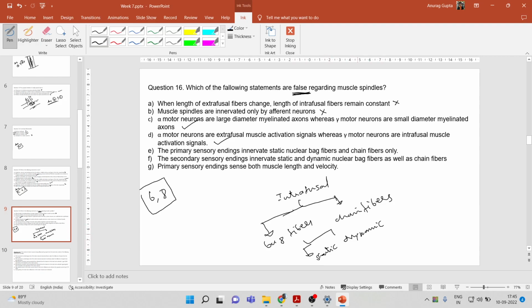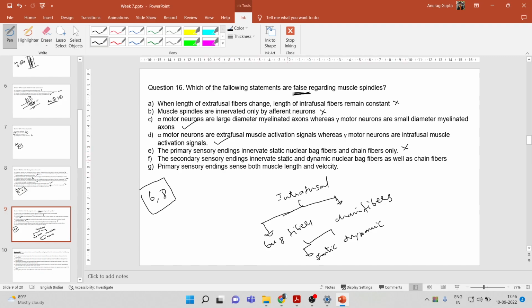The static bag fibers, the dynamic bag fibers, and the chain fibers are all innervated by the 1A afferents, which have the primary sensory endings, and the secondary sensory endings, that is the afferents of type 2, innervate only the chain fiber and the static bag fiber. Okay, so this is a false statement.